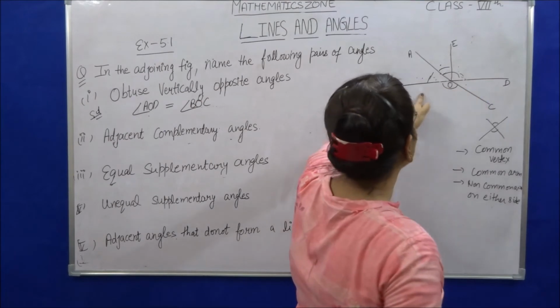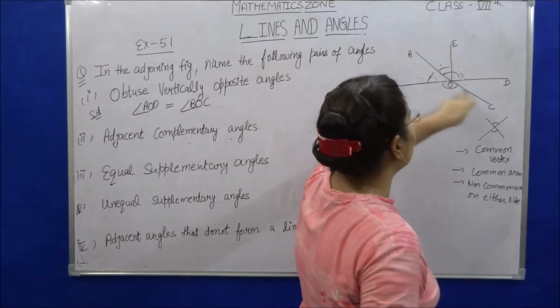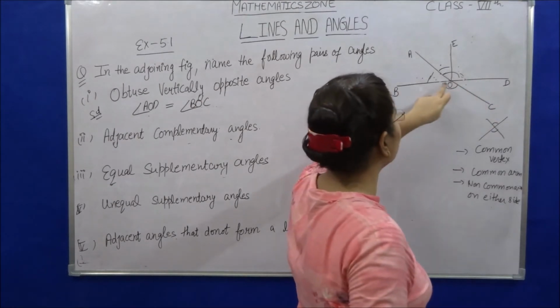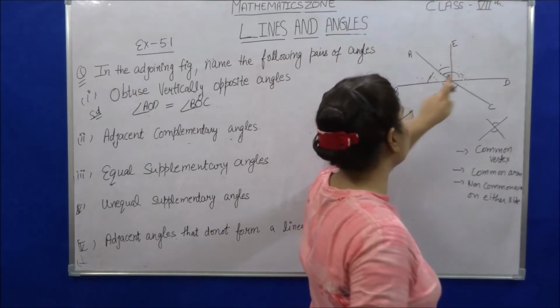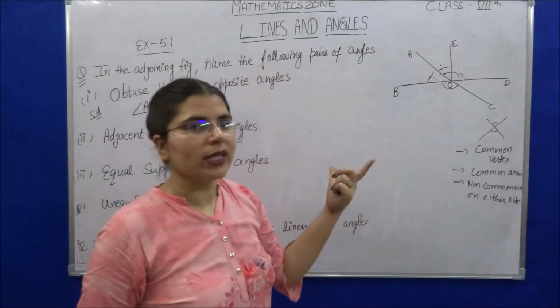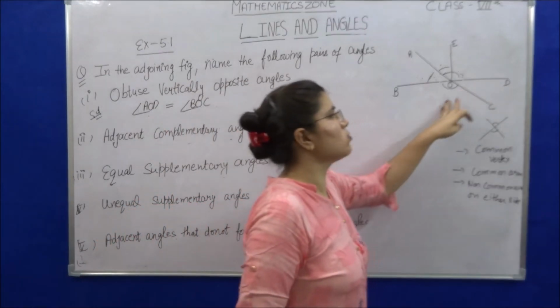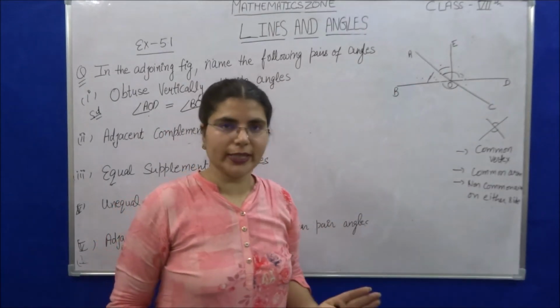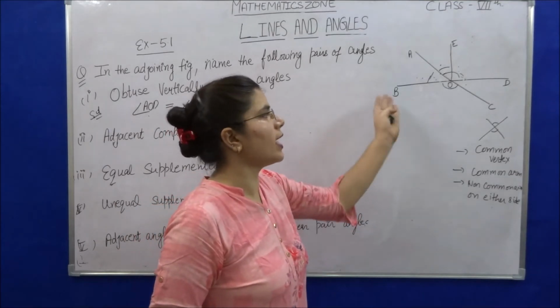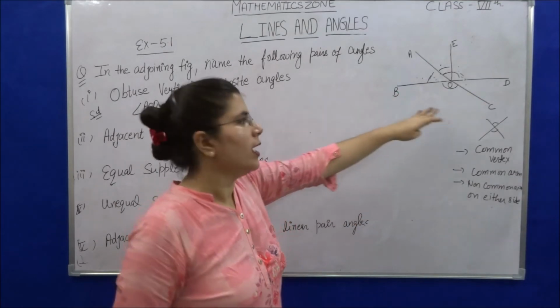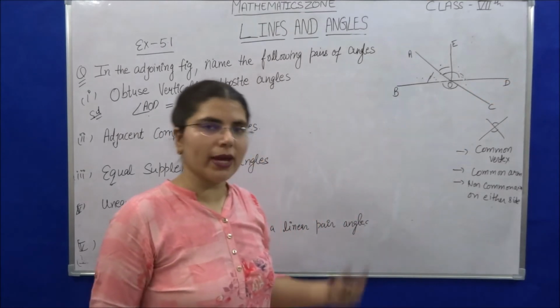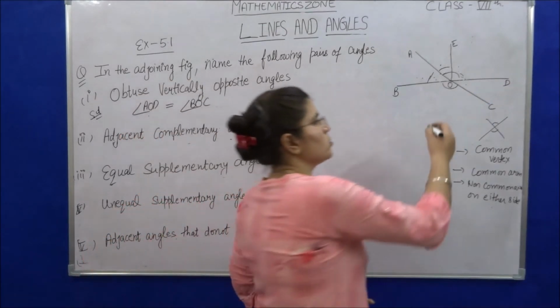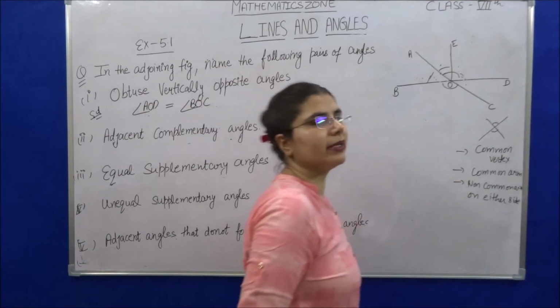Similarly, if we consider these two angles, OC is the common arm in both of these angles, O is the common vertex, BO and OD are non-common arms, but the sum of these two angles is equal to 180 degrees, because these two angles are lying on the same line, and so the sum of these angles will be equal to 180 degrees by the linear pair angle. So these two angles are not complementary.